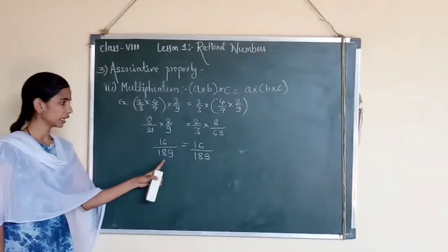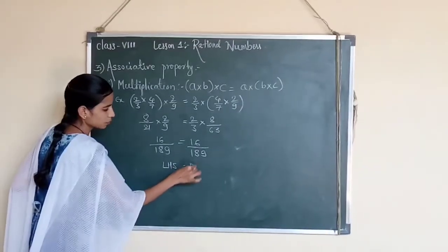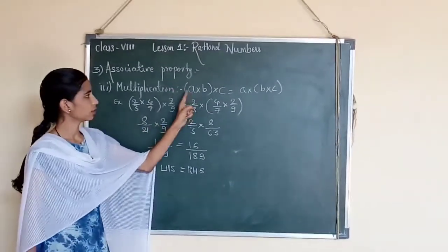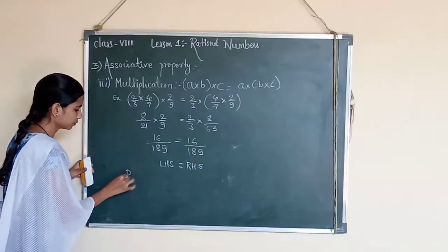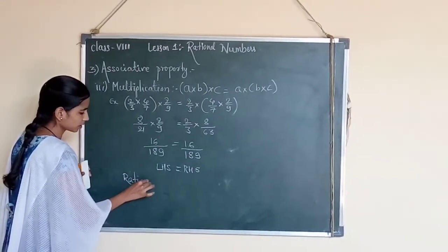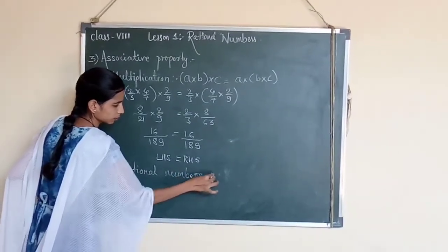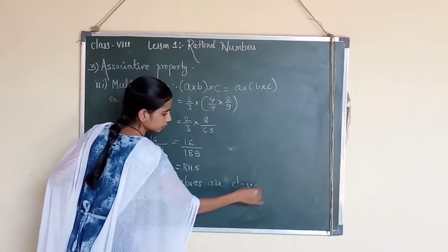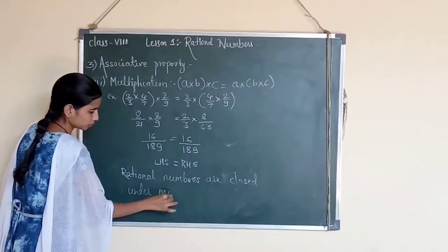Now you can see that LHS is equal to RHS. Means we have rearranged the rational numbers, and the results are the same. It means that rational numbers are associative under multiplication.